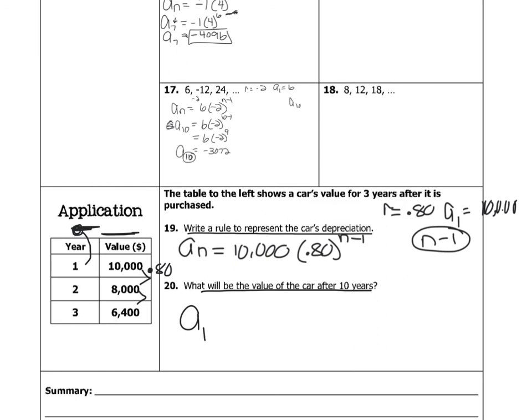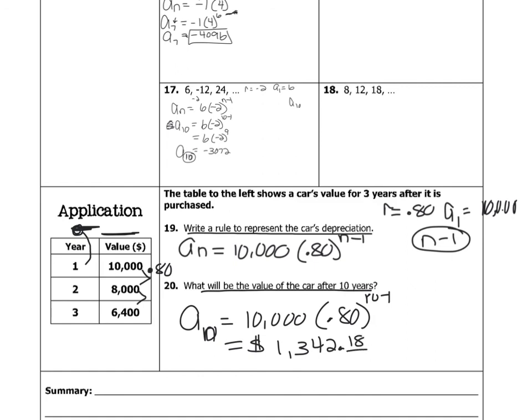So A10 equals 10,000 times 0.80 to the 10 minus 1, so it's going to be to the 9th power, and you will get $1,342.18.